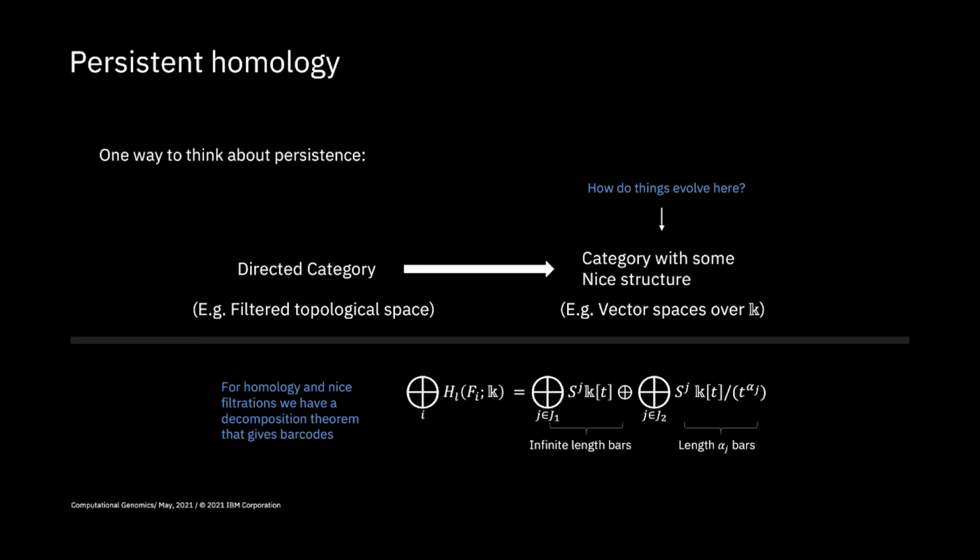In the diagram I mentioned directed category, but that's just a generalization of directed sets, which are just sets that have a preorder with upper bounds for all pairs. And maybe the main idea is that it has a direction, right? So this sequence has a direction, and we want to measure the changes along that direction.